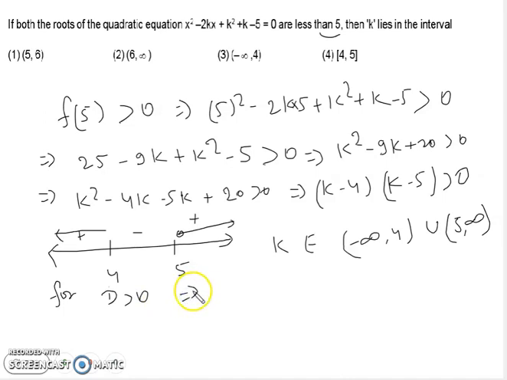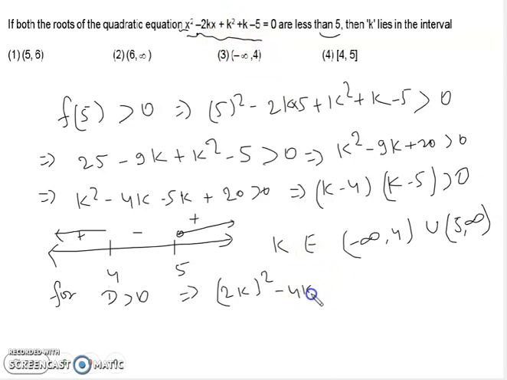Because the roots of this equation are real, D is greater than 0, so we write 2k square, minus 4ab, that is minus 4ac, and what is the value of a? The value of a is 1 and c is k square.